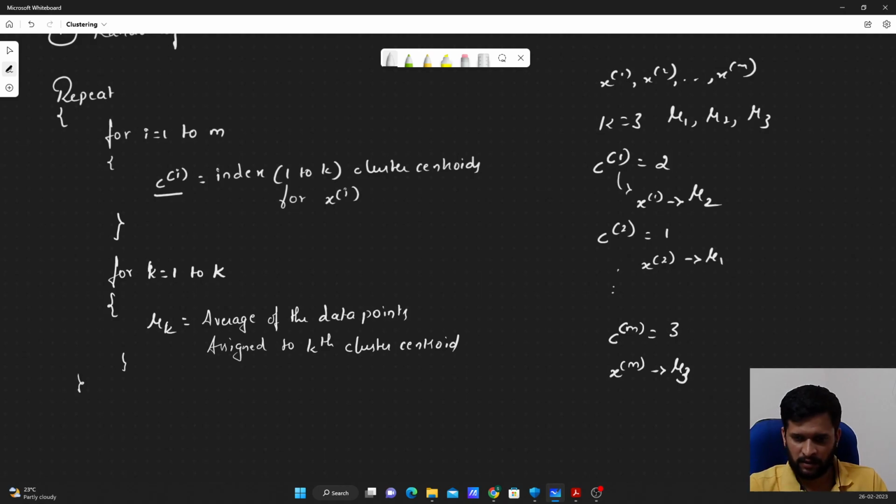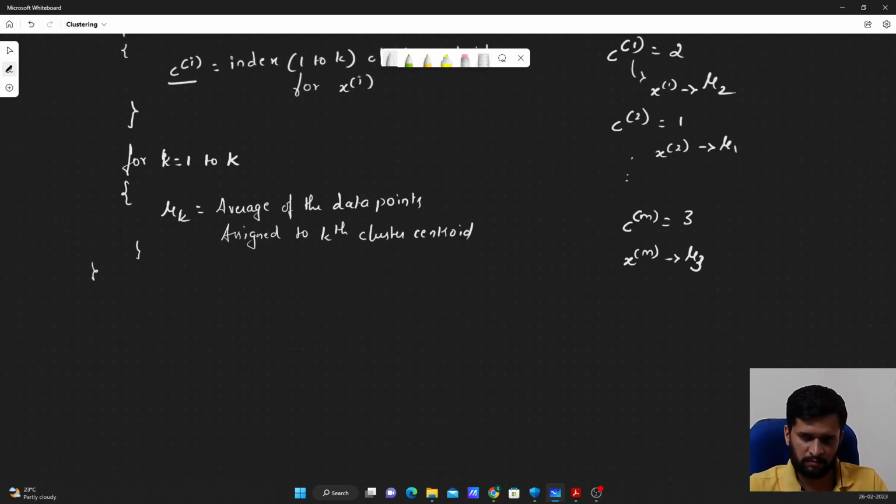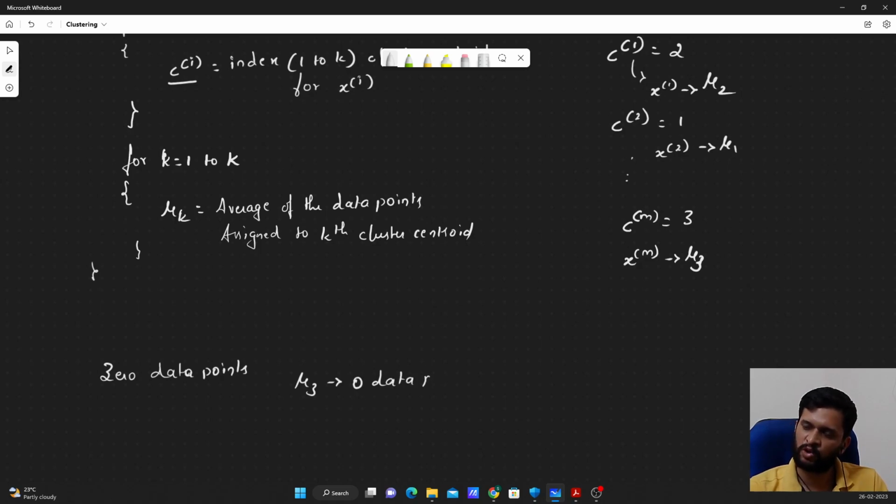Okay, now you might get a question: what if a randomly initialized cluster centroid initially gets 0 data points assigned to it? Let's say mu3 in our case gets 0 data points. How do we deal with this kind of scenario? There are two ways to deal with it.